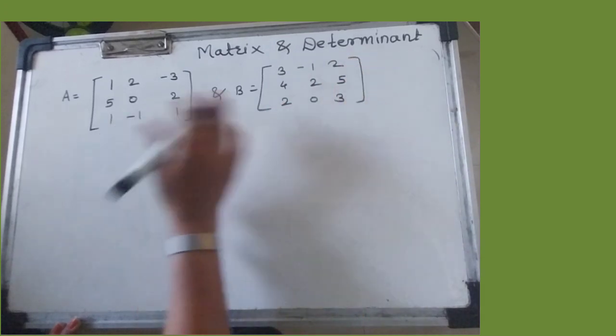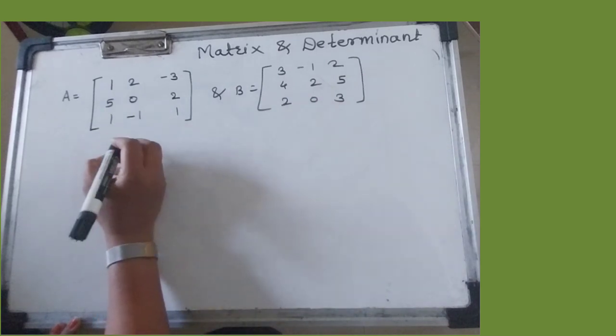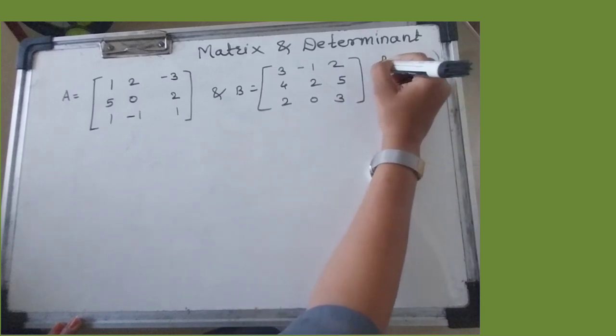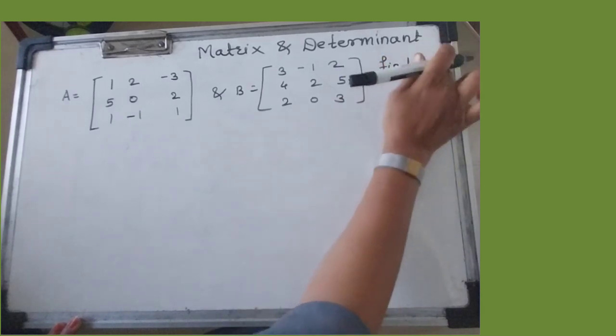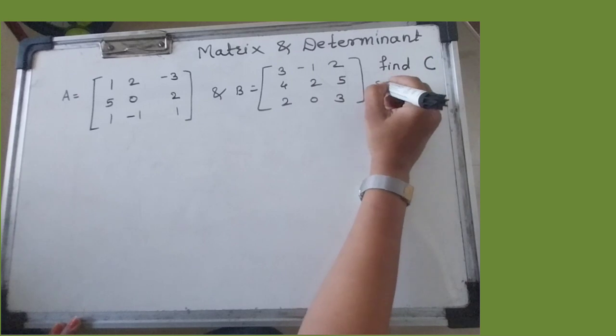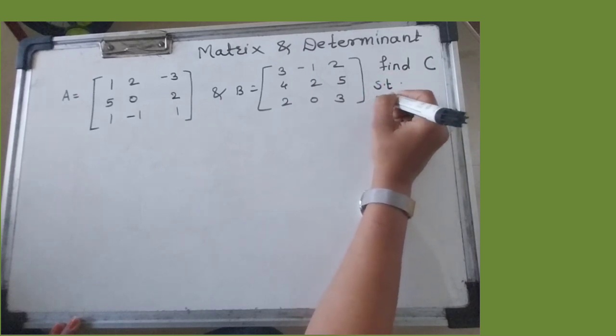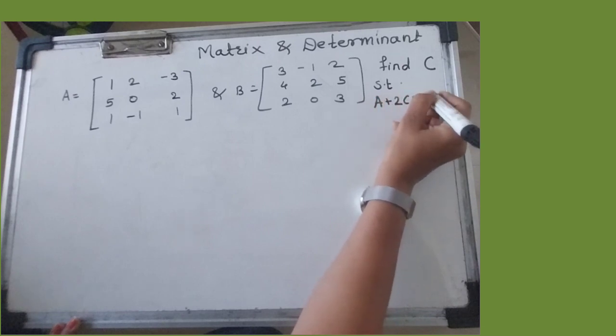These are the given matrices. What they ask: find the matrix C such that the condition given is A plus 2C equals B.